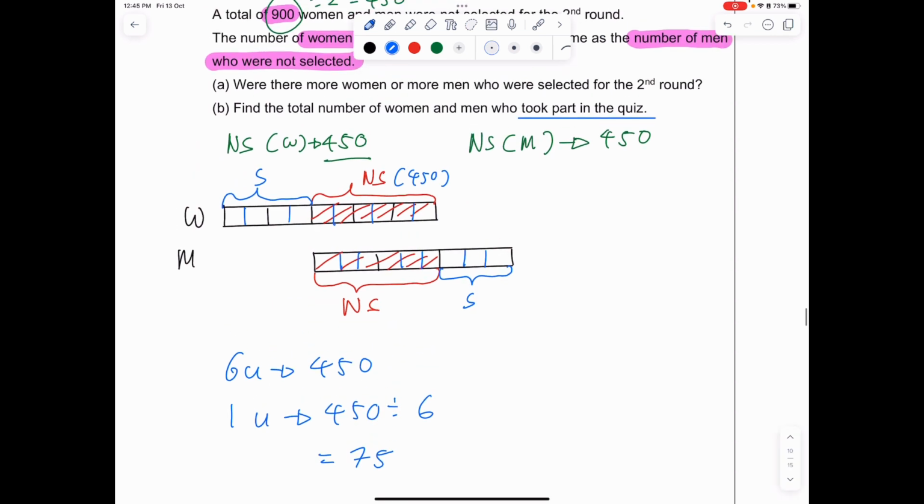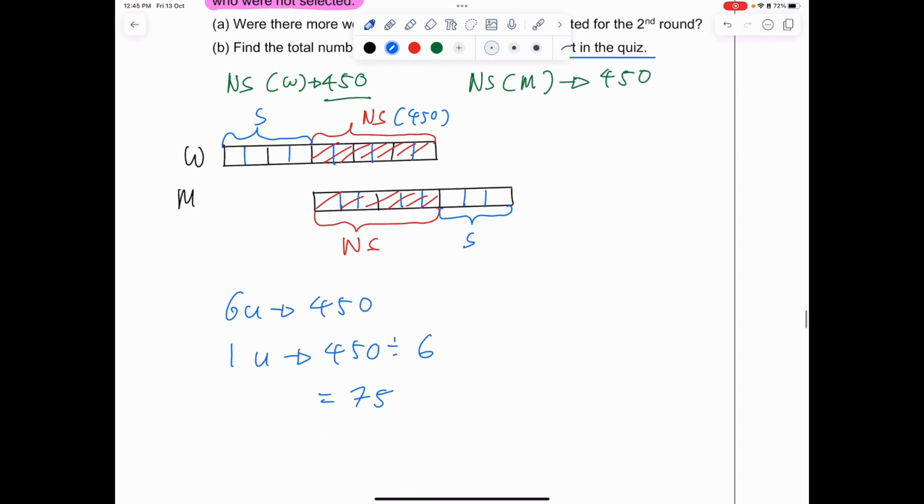Now, how many units are there in total? 1, 2, 3, 4, 5, 6, 7, 8, 9, 10, 11, 12, 13, 14, 15, 16, 17, 18, 19. So in total, there are 19 units. So 19 units will be 75 times 19, answer 1425.